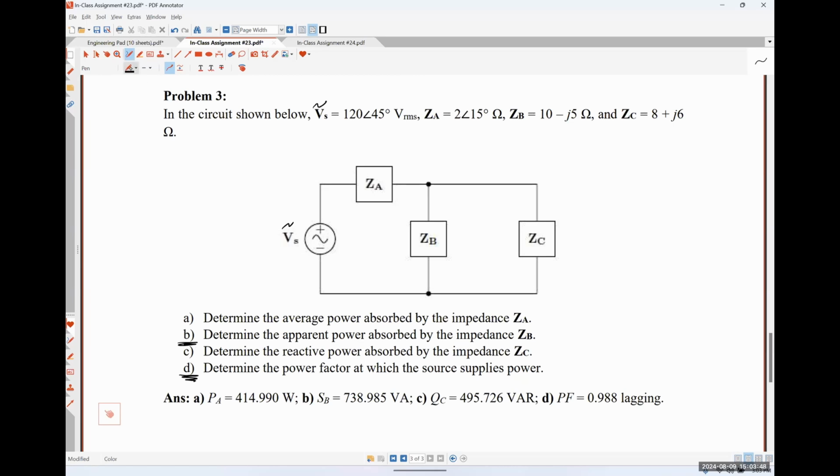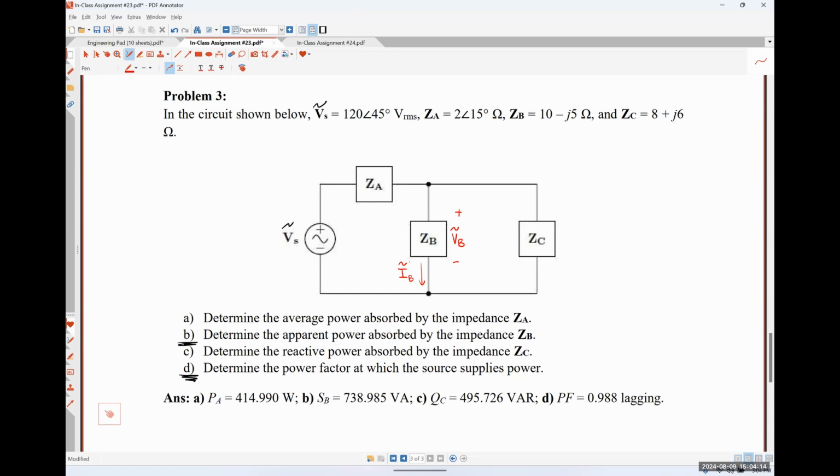So I think for us to determine the complex power absorbed by impedance ZB, we need to know either the RMS phasor voltage drop across element ZB or the RMS phasor current flowing through element ZB.